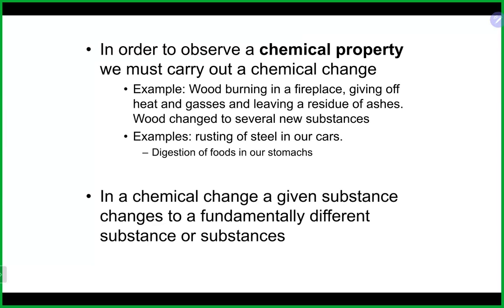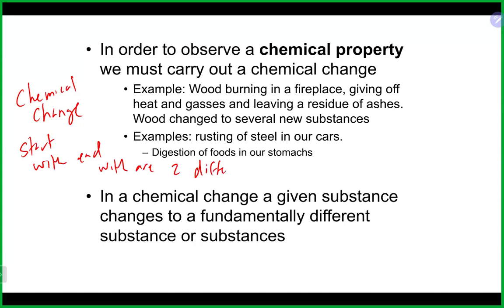With a chemical change, the difference is what you start with and what you end with are two different things fundamentally. And the important part of that is you cannot get back what you started with by any type of physical means, like freezing, boiling, stuff like that.